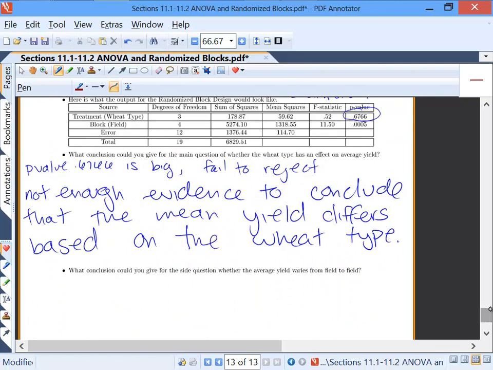Now, what conclusion could you give for the side question as to whether the average yield varies from field to field? From field to field, that is our block, so it has the p-value of 0.0005, which is small, so we will reject its null hypothesis.